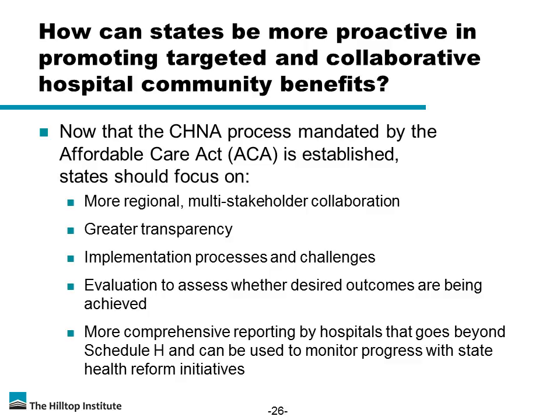And I think states can take more of a focus now on really pushing for these regional and multi-stakeholder collaborations, where you've got more facilities involved in joint planning and greater stakeholder participation in the whole process. Greater transparency, some of which we talked about, can help communicate exactly what hospitals are doing.